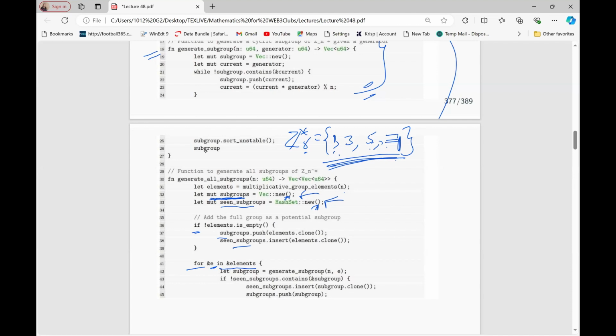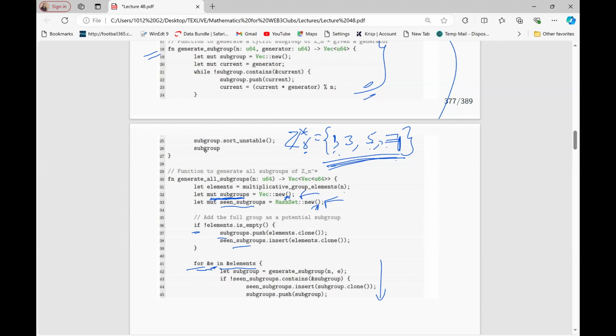So that is why we are beginning with that loop and saying, for every E in the elements, we enter the loop and perform what is inside. For every E. That means you do it for 1. After doing it for 1, you do it for 3. After doing it for 3, you do it for 5. Then after that, you do it for 7.